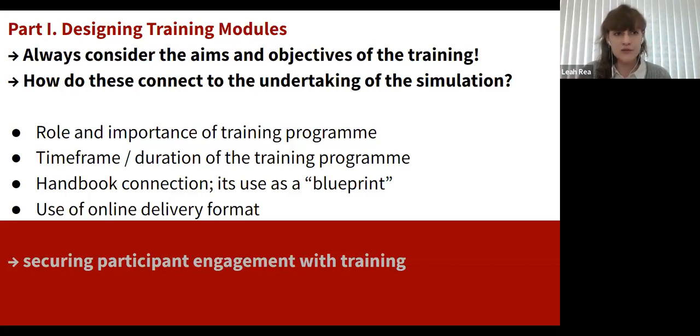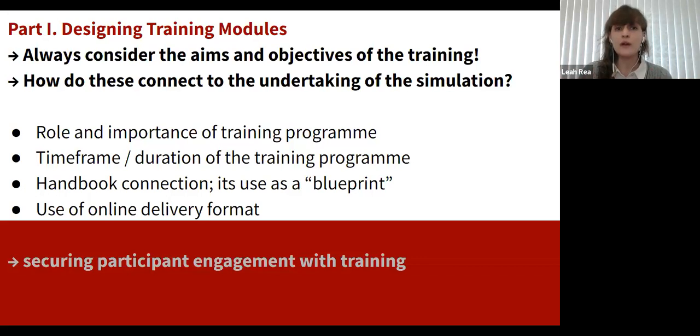And also arising from that sense of the broader aims and objectives, the training programme in its design and delivery is very heavily based on the structure of the Padova Model UPR handbook. And essentially, as I have here in the slide, the handbook really should be the blueprint for the design and delivery of the training modules.